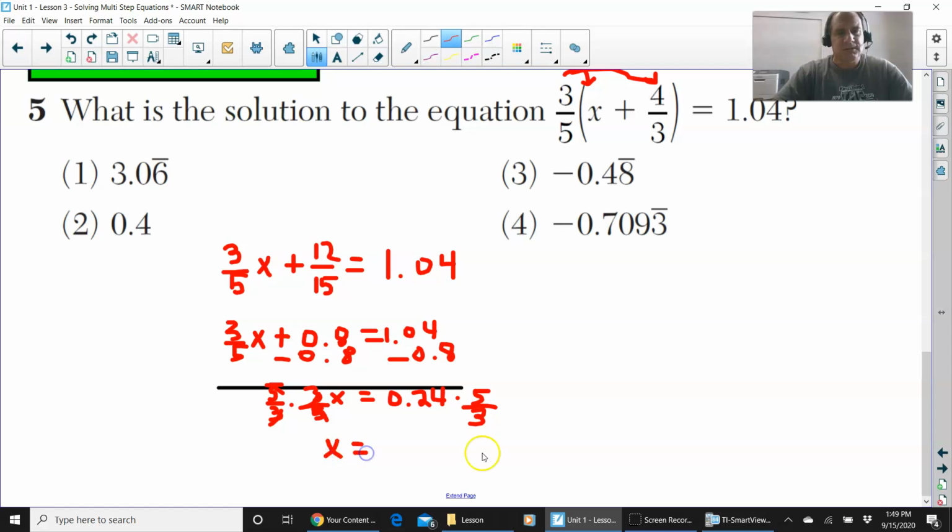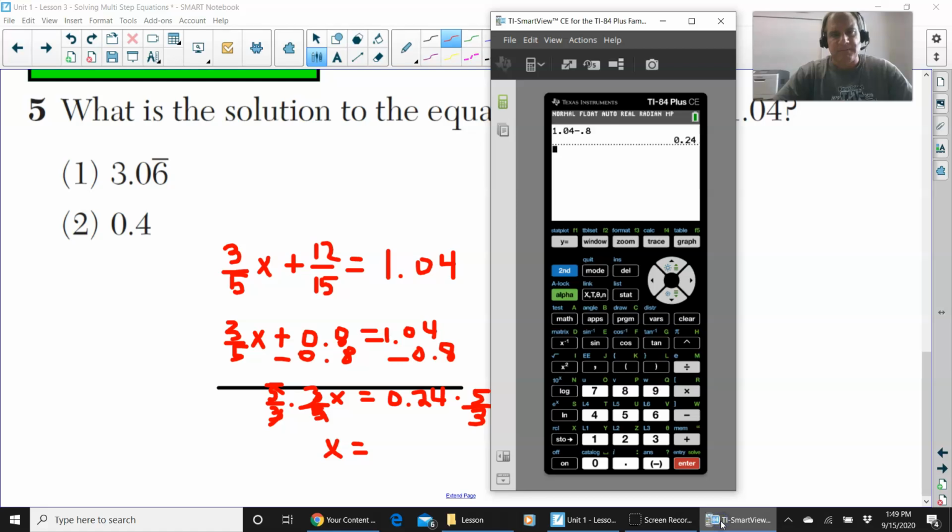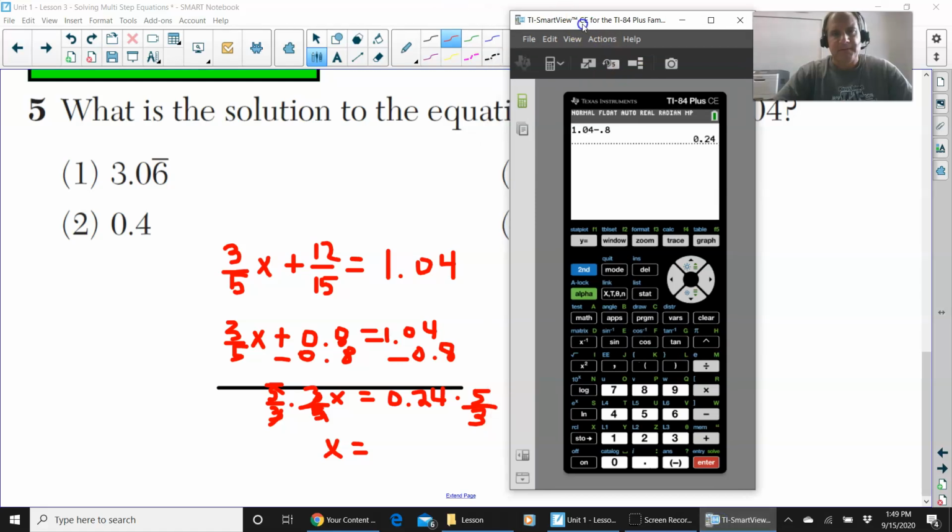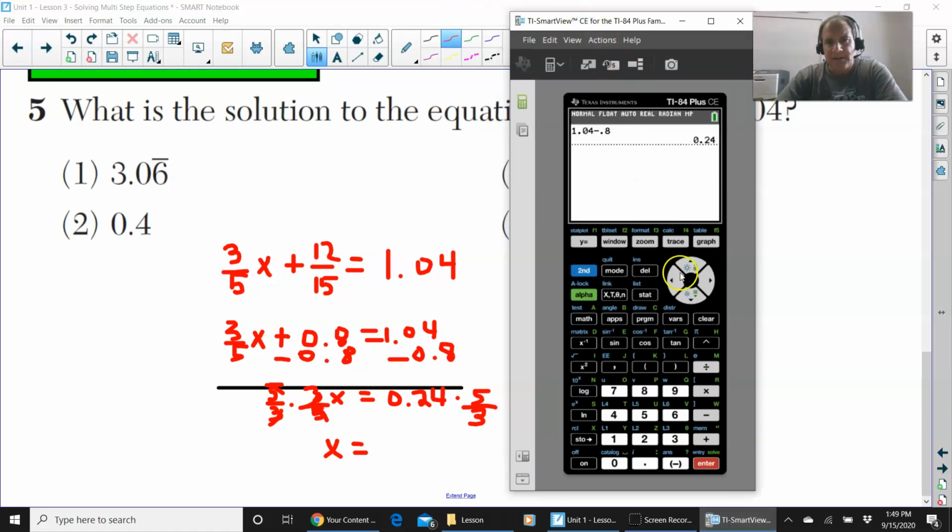equals, and I'm going to grab my calculator again. And I am going to put 0.24 times, and look at this, alpha x. How great is that? Because now you have 5/3, right?